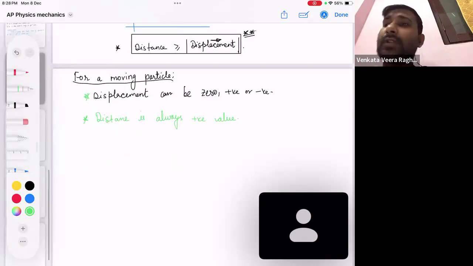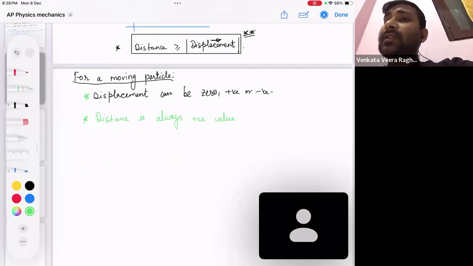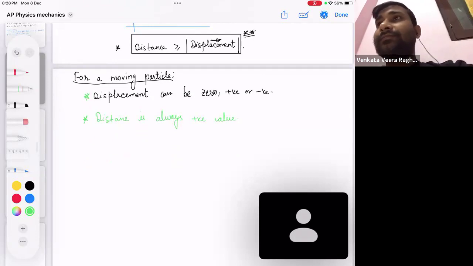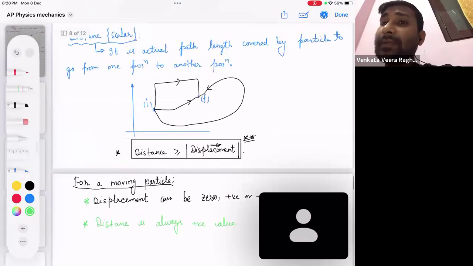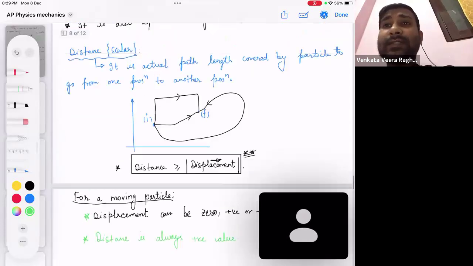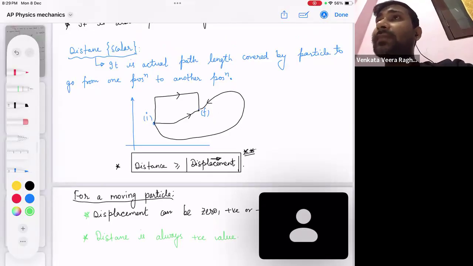Yes, sir. So now we are going to define the next physical quantities, velocity and speed. Velocity and speed are completely dependent on displacement and distance. Please tell me, do you understand displacement and distance first? Because for velocity you need the displacement concept, and for speed you need the distance concept.